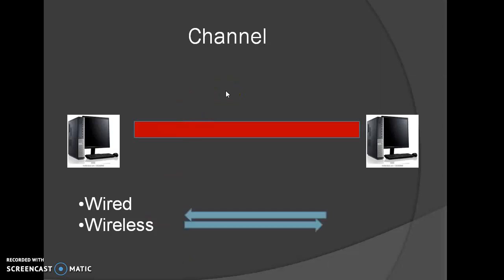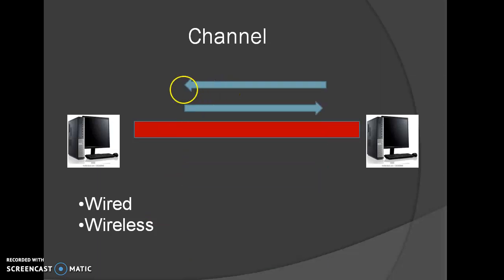And this channel here can transmit data either in one direction or in both directions. That means the data will be transmitted only on one side, and to transmit the data on the other side you will need another cable, or you can use the same cable to transmit the data to both sides.